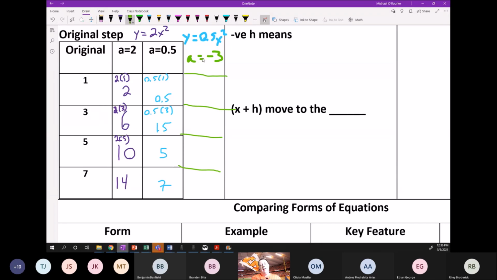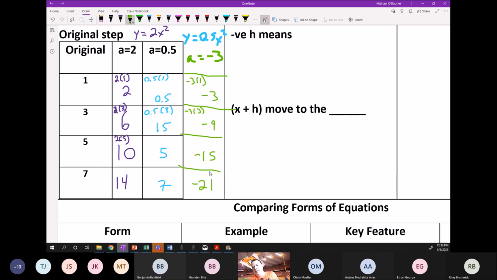If we have A equals -3, we're going to multiply -3 times 1 equals -3. -3 times 3, -9, -15, -21.